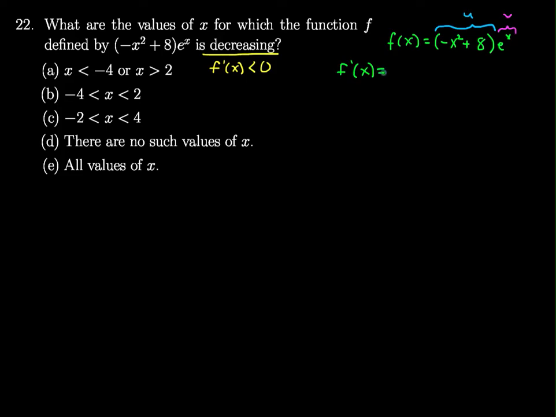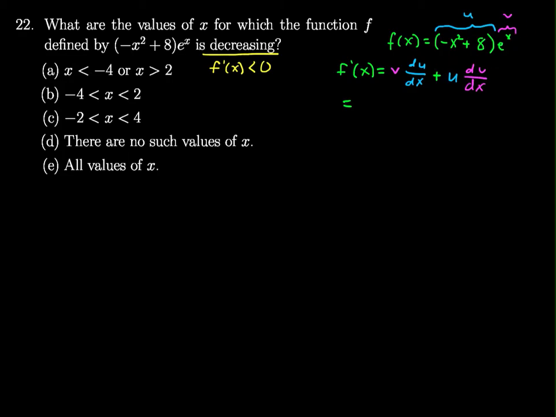And that means, using product rule, that I'm going to have v multiplied by the derivative of u with respect to x, plus u times the derivative of v with respect to x. Product rule.